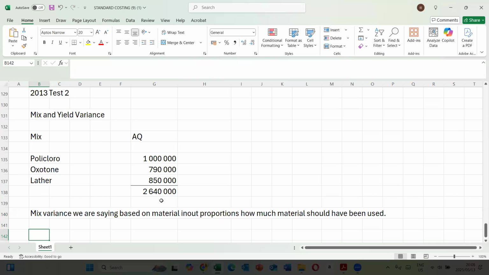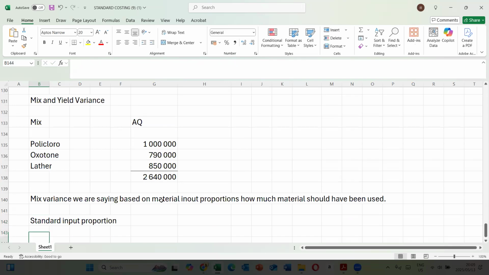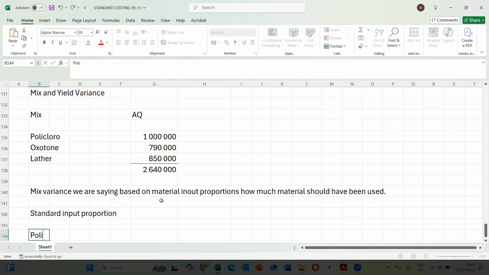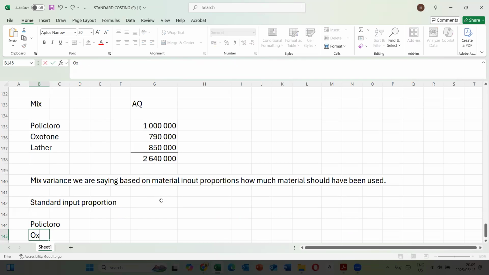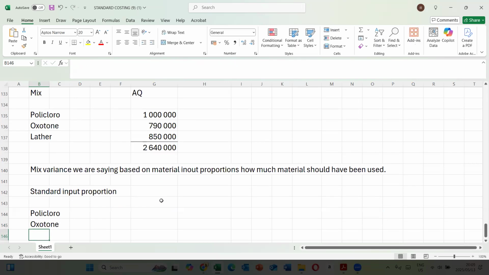So now let's determine the standard input proportion. Right, so we have polychloro, oxotone, and then lather.